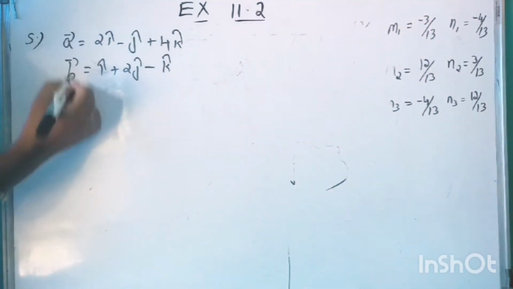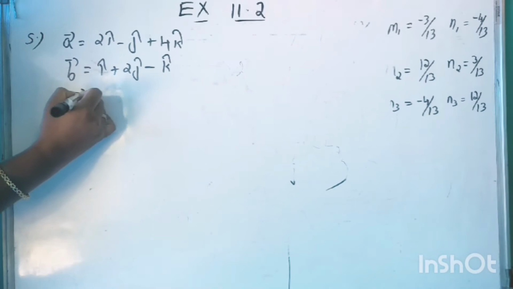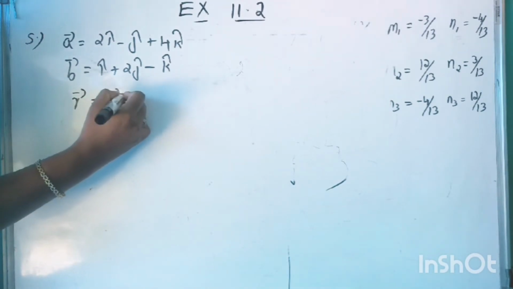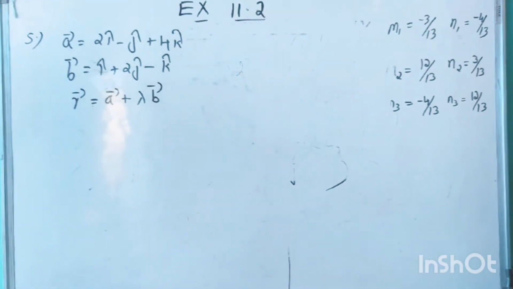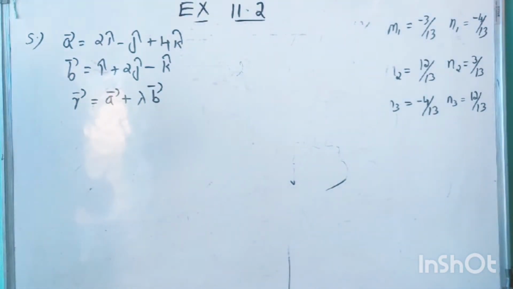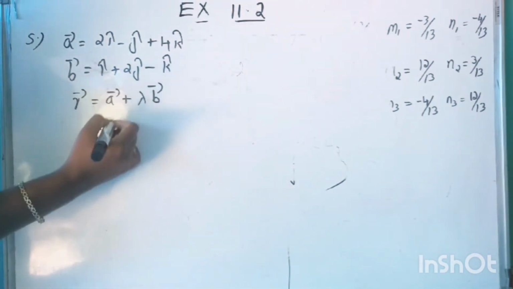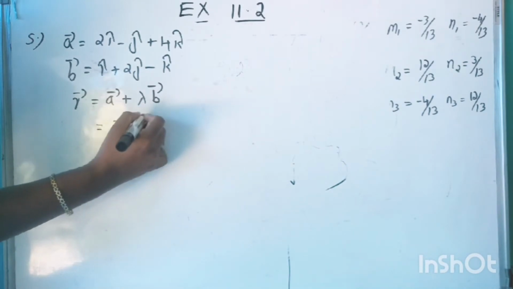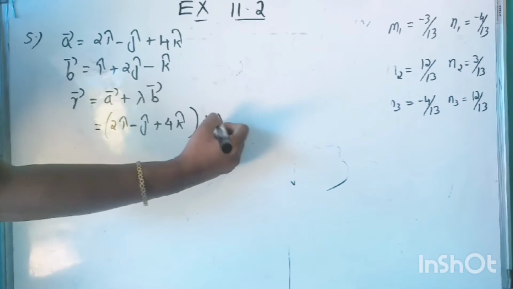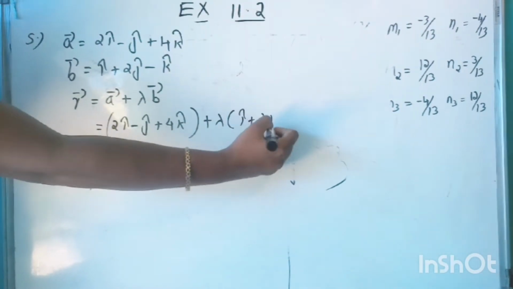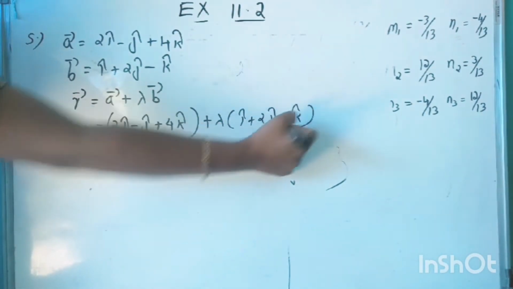So what is our vector equation? R vector is equal to A vector plus lambda B vector. That is, just substitute it: 2i minus j plus 4k cap plus lambda into i cap plus 2j cap minus k cap.